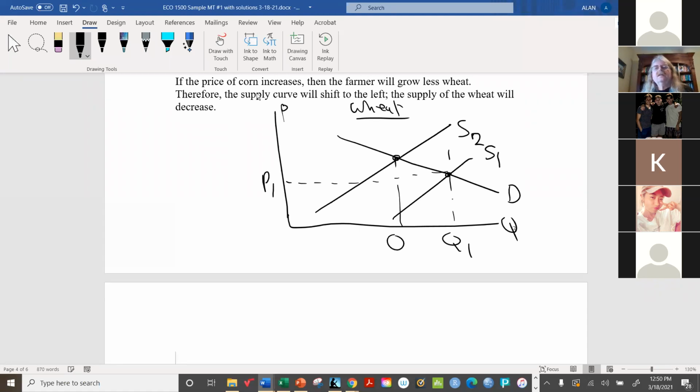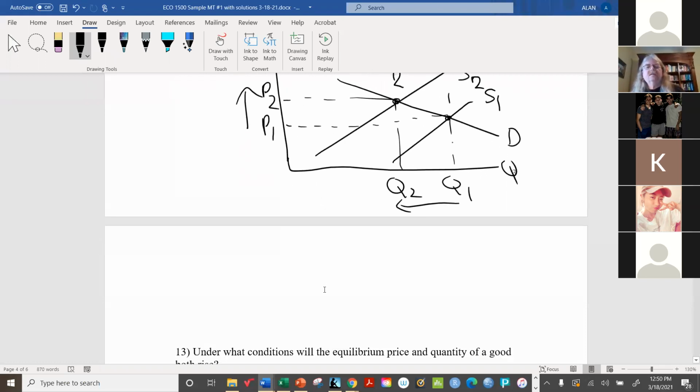And then all of a sudden, something's happened to reduce the supply of the wheat. And that something was that the price of corn increases. As a result of the price of corn increasing, the supply of wheat decreases.